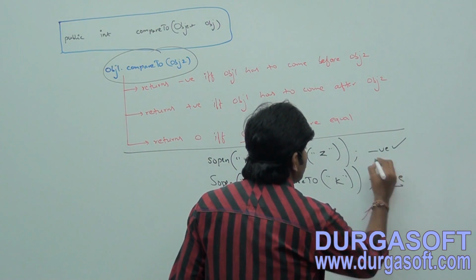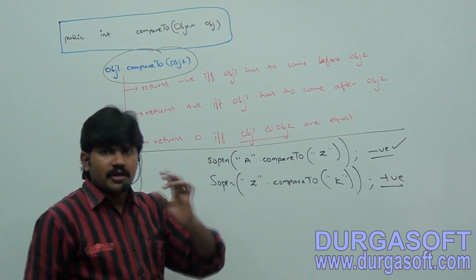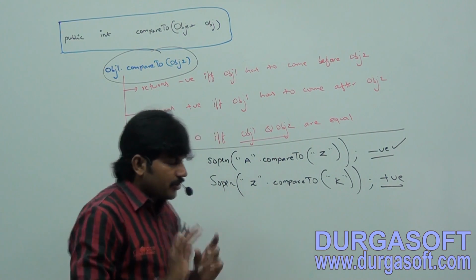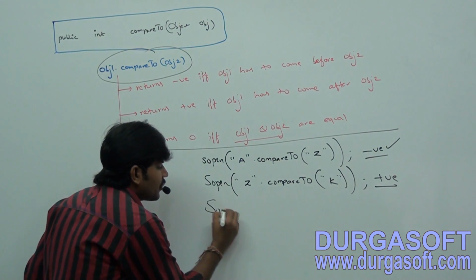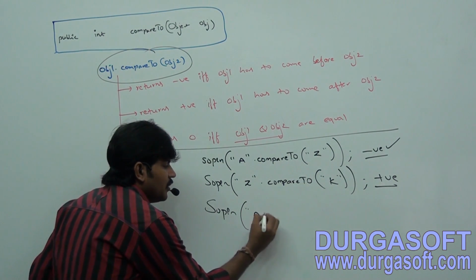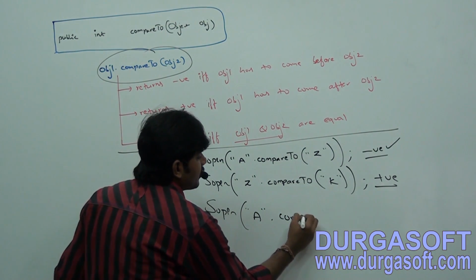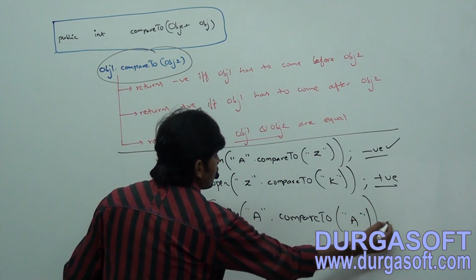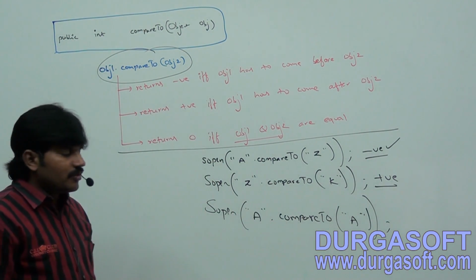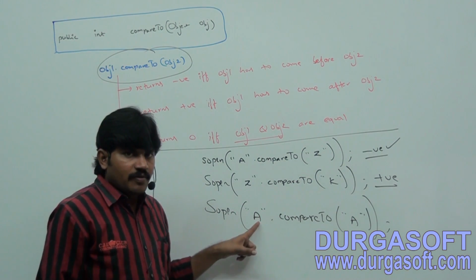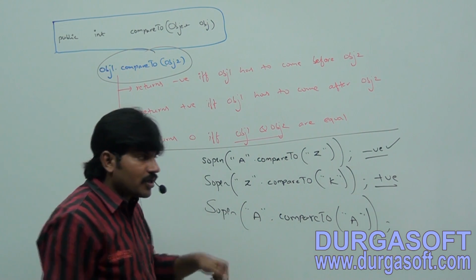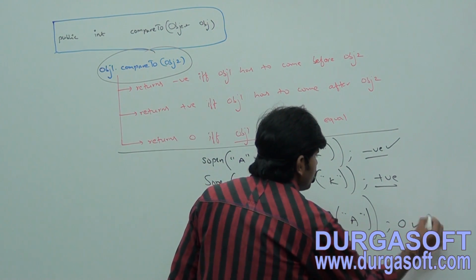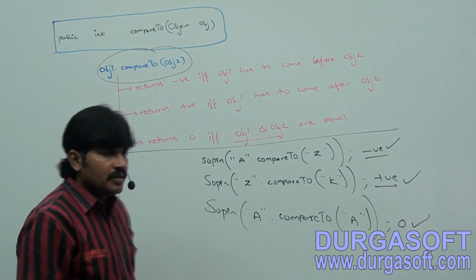Sir, how much positive, how much negative? The value is not important, only the sign is important. Now System.out.println A dot CompareTo of A. Both are equal, right? If both are equal, what does the CompareTo method return? 0.